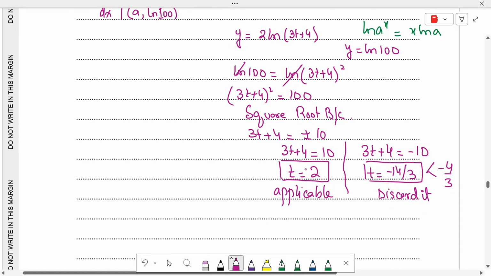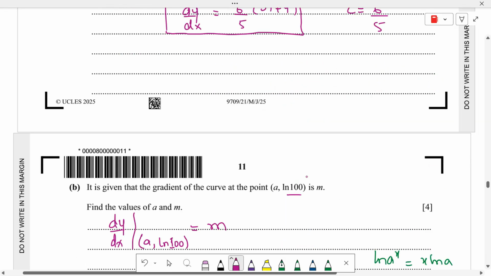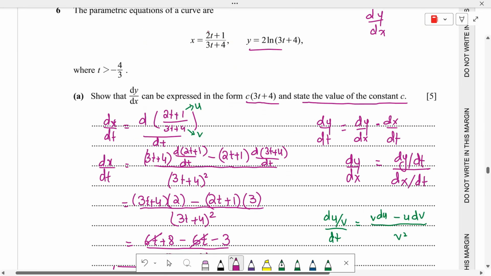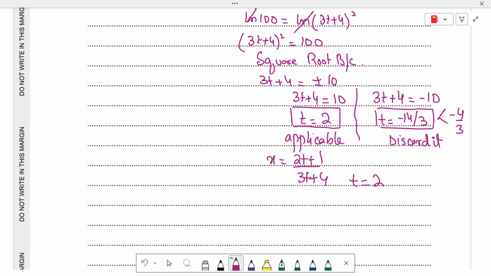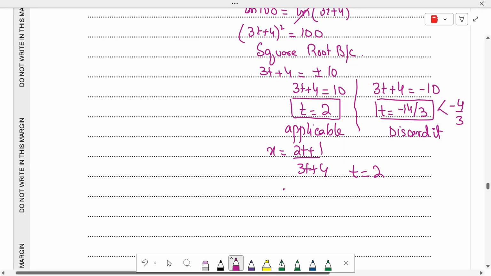Now by using t equal to 2, we can find the value of the x coordinate. x is equal to (2t plus 1) over (3t plus 4), and here t is 2. So x is equal to 2 times 2, which is 4, plus 1, which is 5, over 3 times 2, which is 6, plus 4.